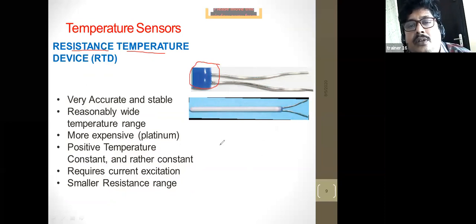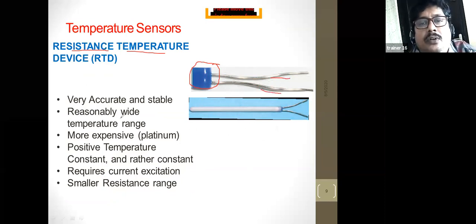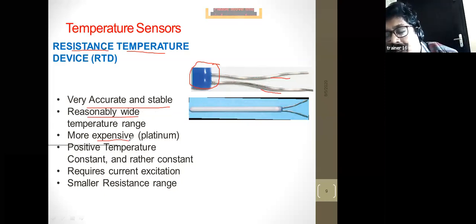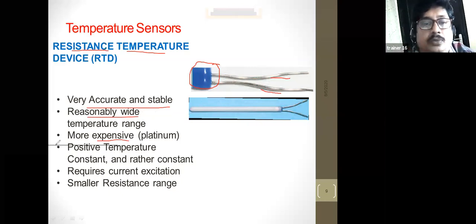These are the two leads, and it is very accurate and stable, with a reasonably wide temperature range. It's more expensive. That means cost is high. RTD cost is high compared to the thermistors as well as the thermocouples, and it gives only the positive temperatures.